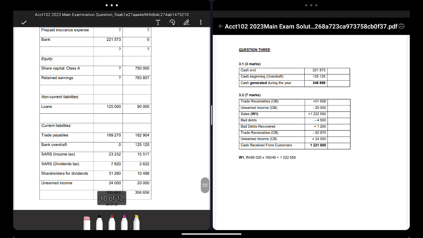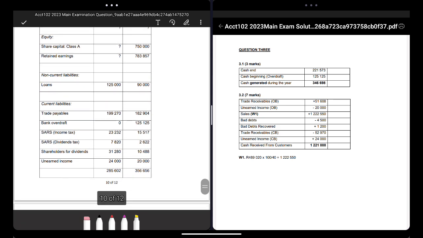So if you look at the unearned income, it jumped from 20,000 to 24,000. That means you have a 4,000 increase in income received in advance. So 4,000 cash came in, right? Very easy. You can just go over here and put plus 4,000 under income. It's the same thing if you take out the opening balance: negative 20 plus 24 will still give you 4,000 at the end.